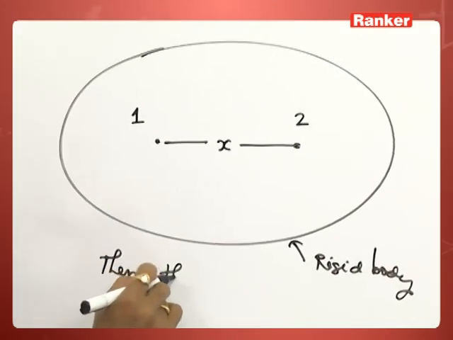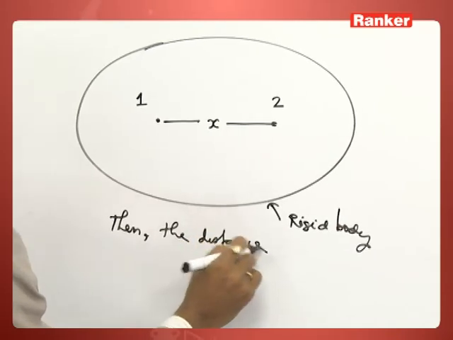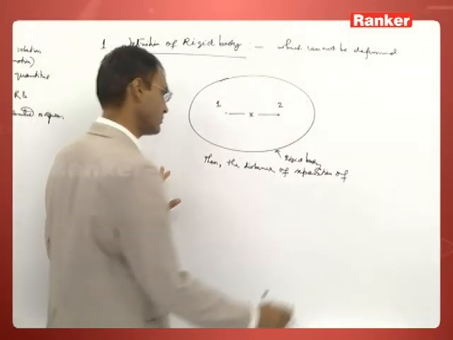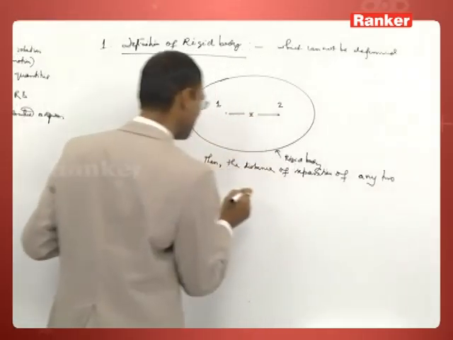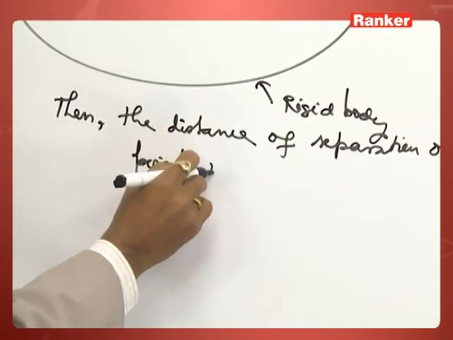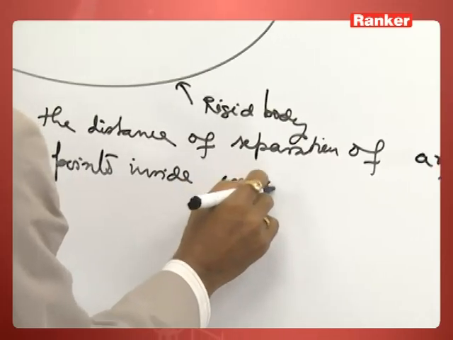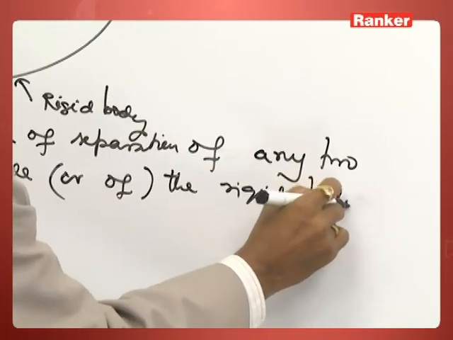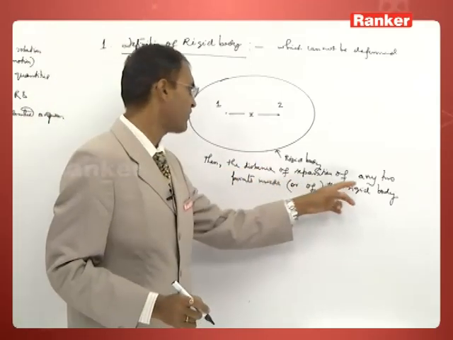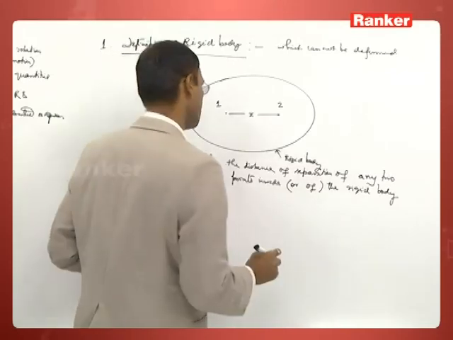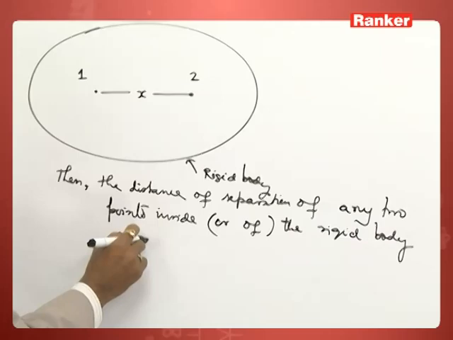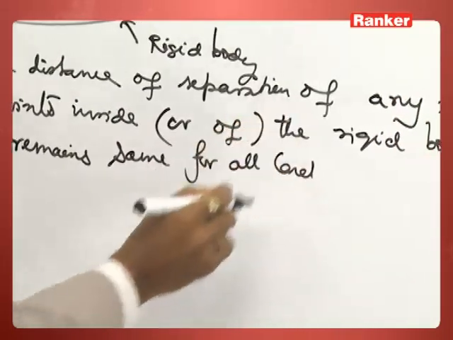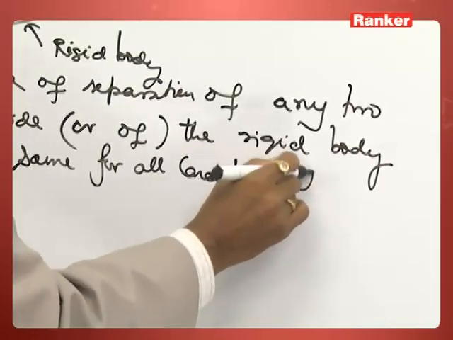The distance of separation of any 2 points inside or of the rigid body remains the same for any condition, for all conditions, or always.